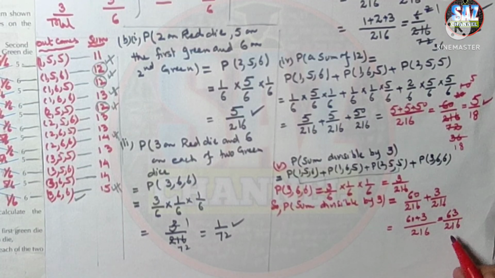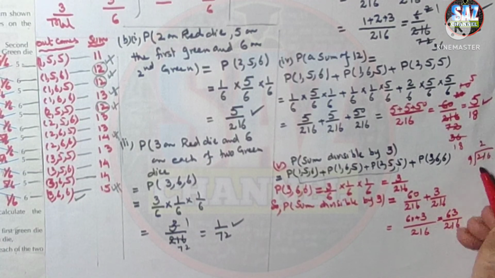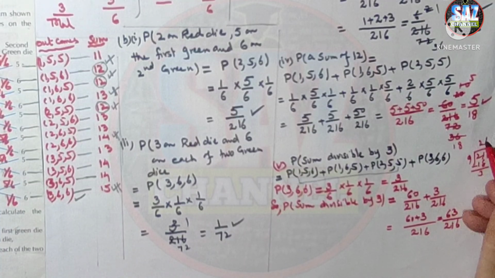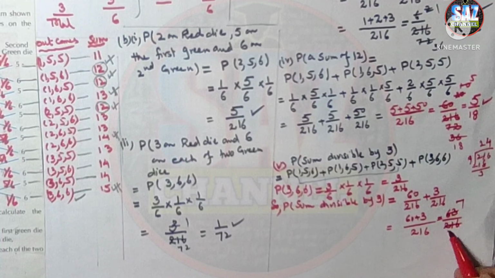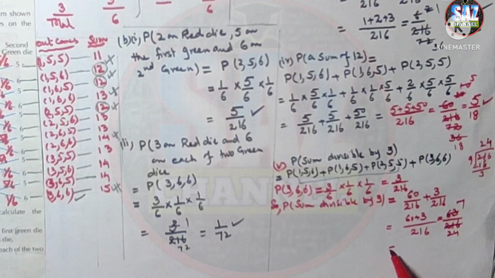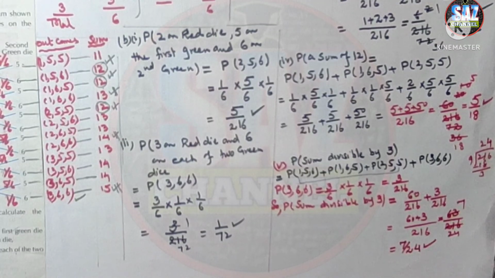If I go for the table of 9, 9 twos are 18, 9 sevens are 63 and 9 twenty-fours are 216. So for the sum which is divisible by 3, the answer is 7 by 24.